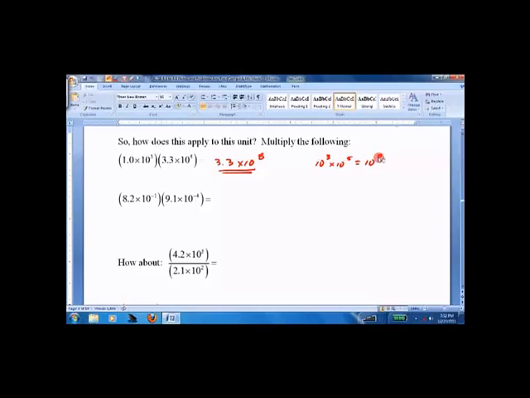Add the exponents. So here we have 8.2 times 9.1. Well, that's a little bit much for me to do without a calculator, but I'll try anyway.